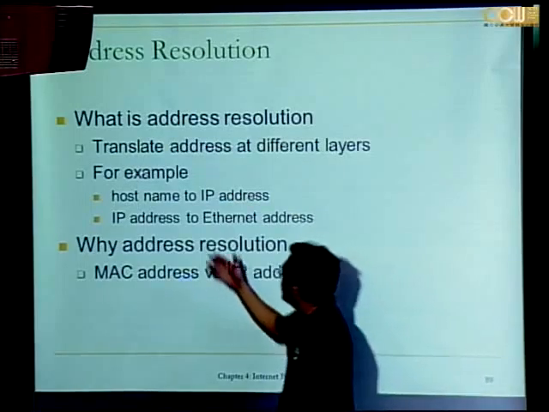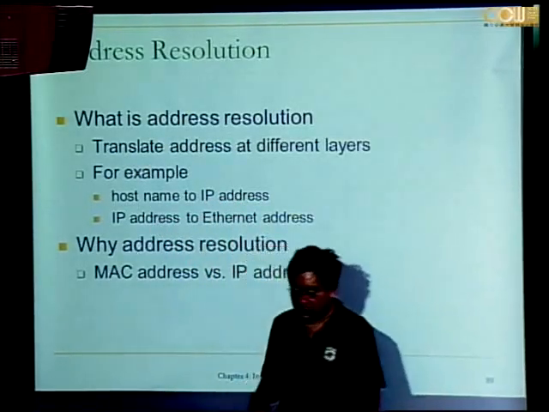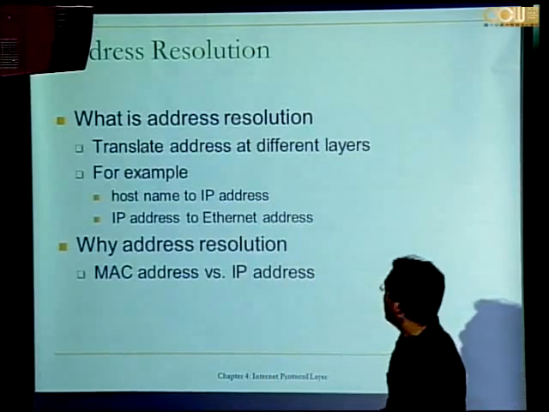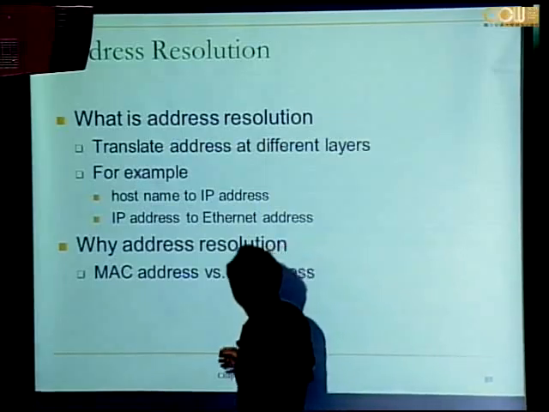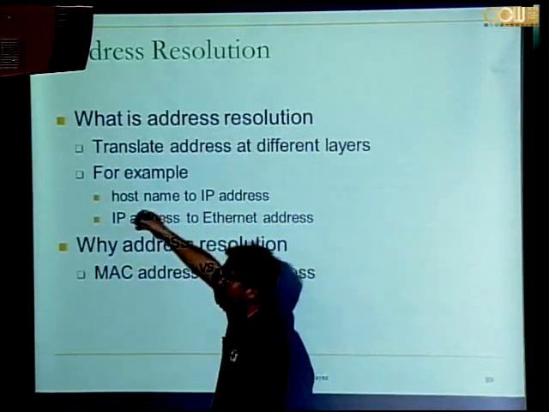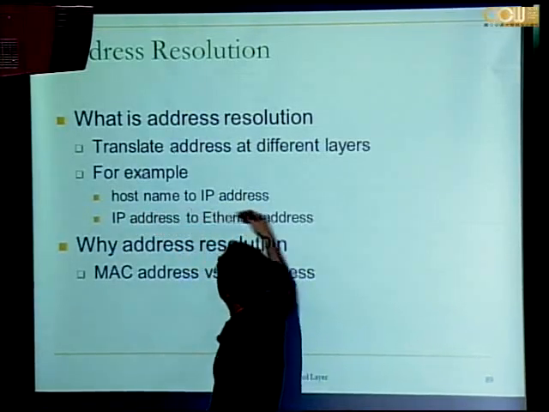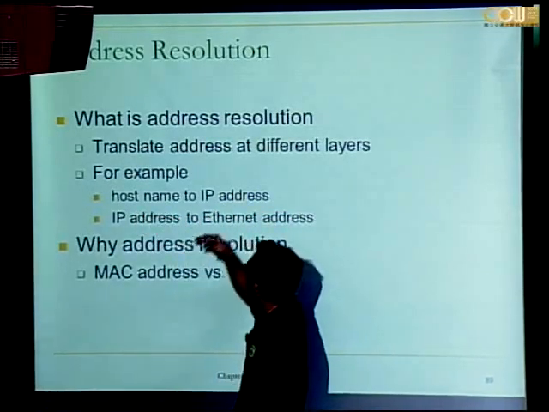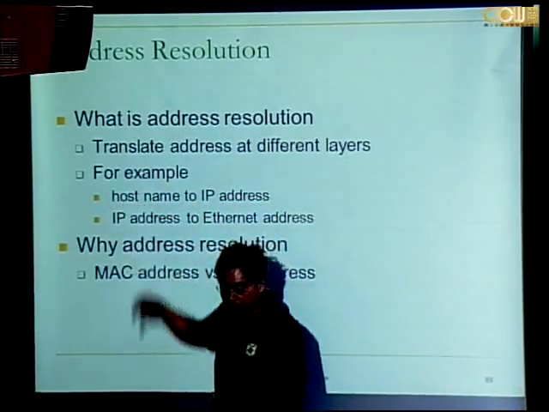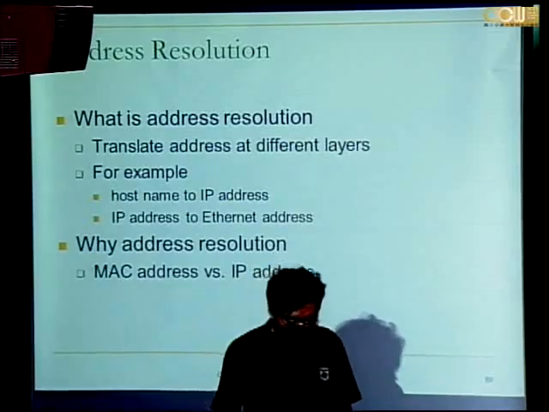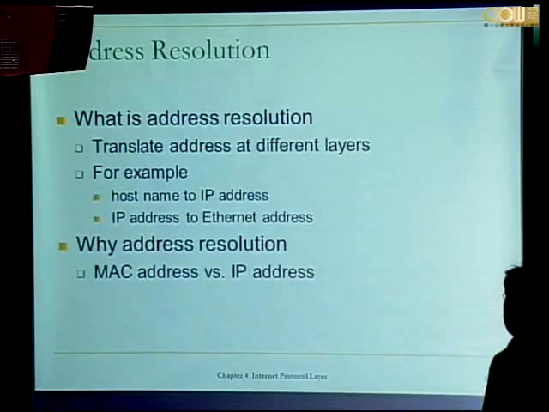So from host name to IP address, from IP to MAC address. But you can do the translation in the reverse way. If I have a MAC address, can I know the IP address? Yes. That's called reverse ARP. If I know the IP address, can I know the host name? Yes, you can do that by asking DNS, and that's called reverse DNS.